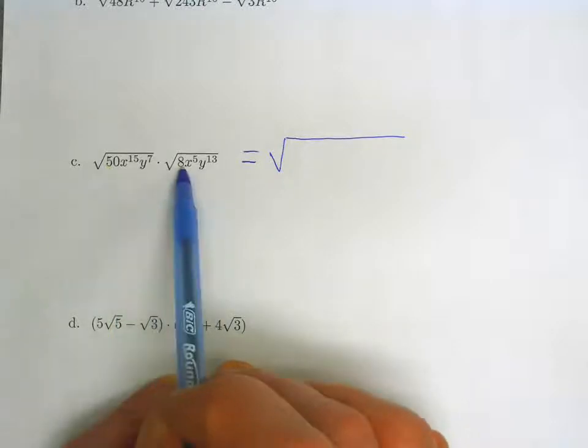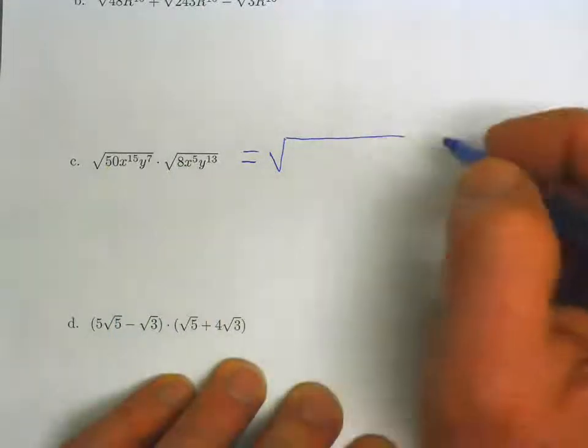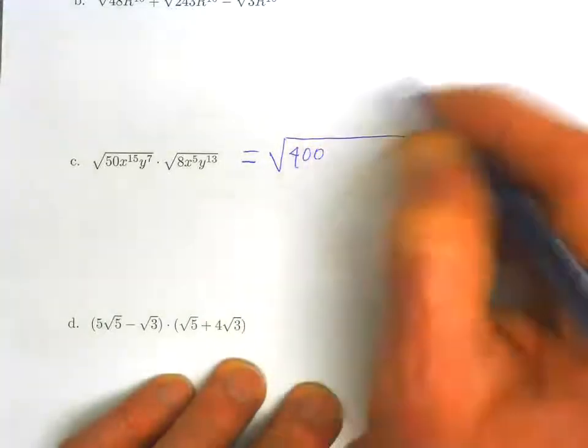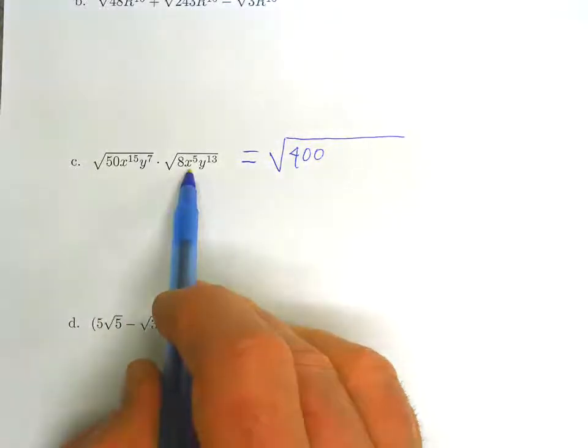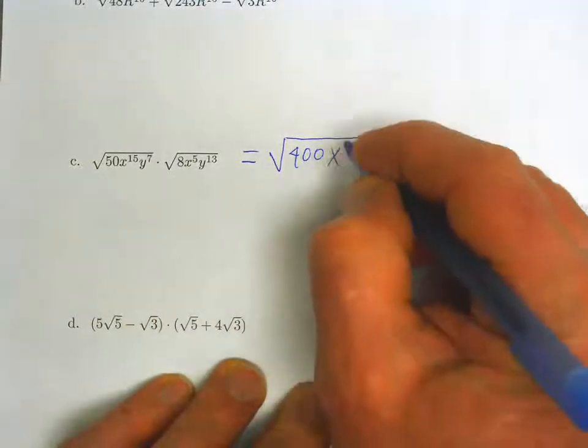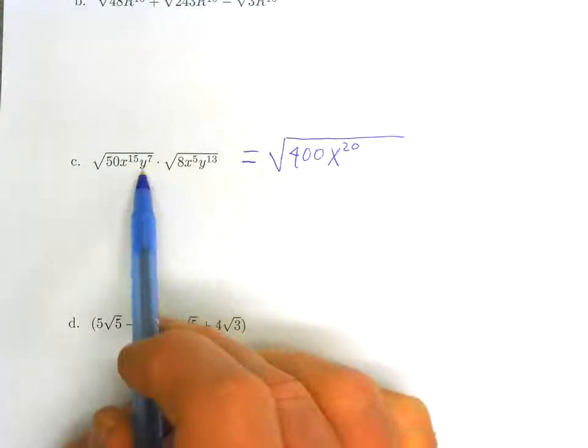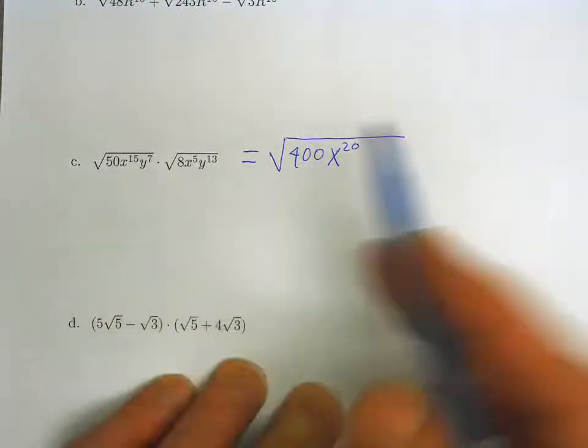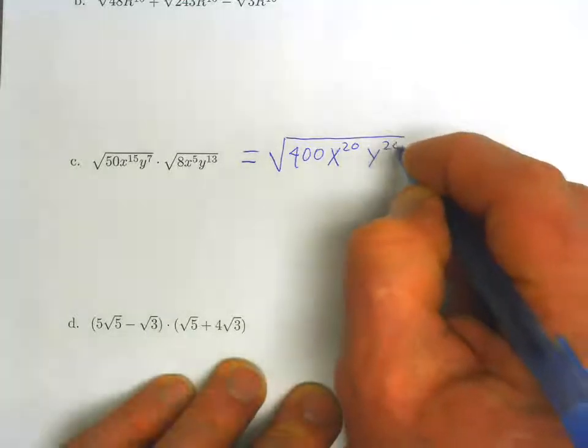So 50 times 8 is 400. X to the 15th times x to the 5th is x to the 20th. And then y to the 7th times y to the 13th is y to the 20th.